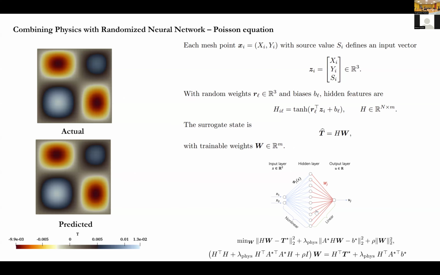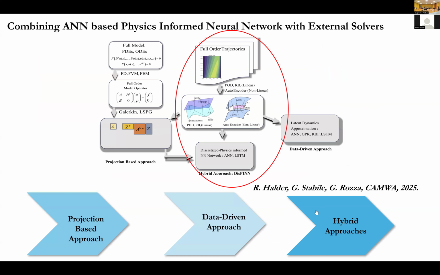Okay. Next I will talk about how to couple physics. Gradient-based optimization is used in neural networks like artificial neural networks or LSTMs, our typical deep learning networks, with an external solver like OpenFOAM, where you don't get to know what is inside your governing equations.